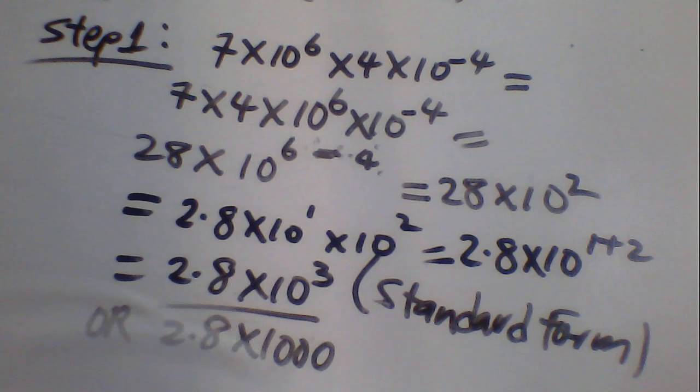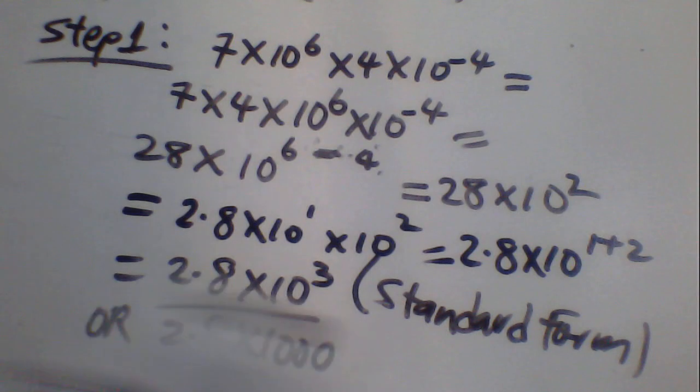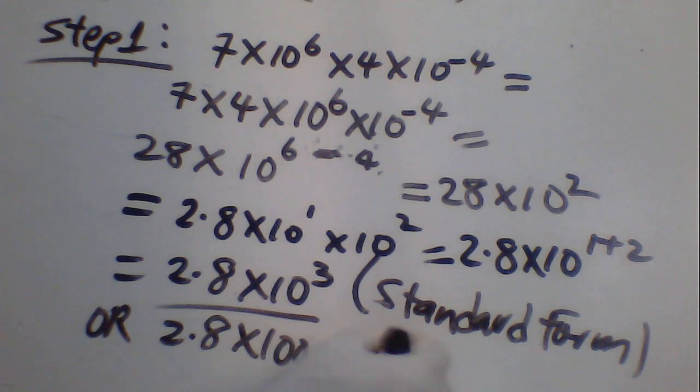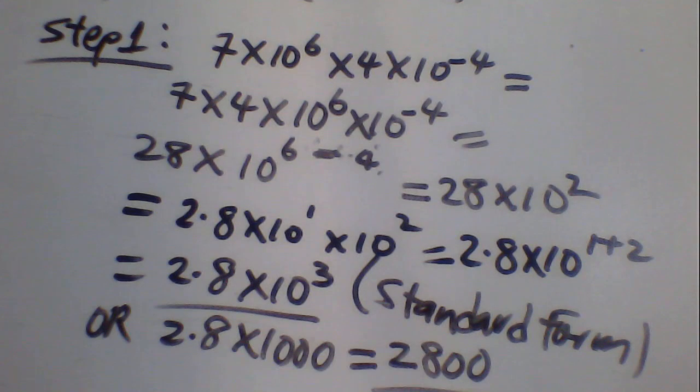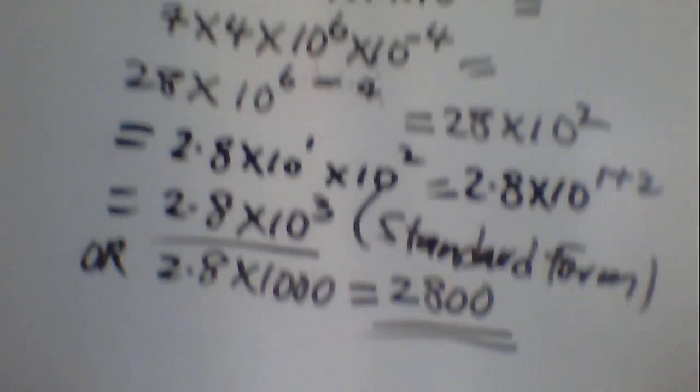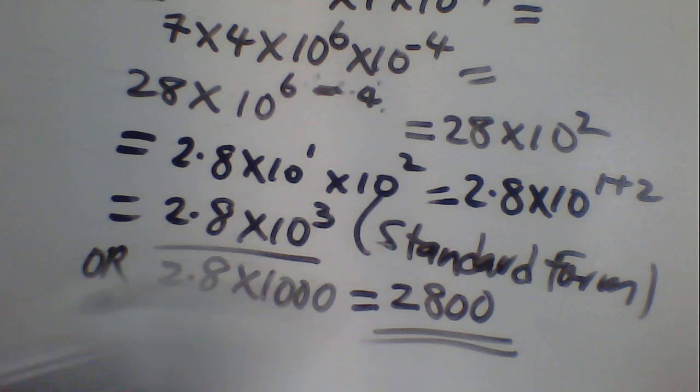You multiply, and that gives us 2800. So that is it. This is in the expanded form.